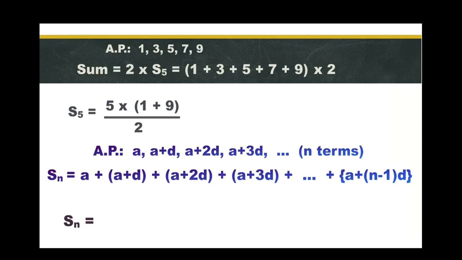Here we have n terms, so instead of 5 we will write n. Now in that bracket it was 1 plus 9, which is the first term plus the last term of the given example. In general we have the first term a and the last term a plus n minus 1 times d, or for simplicity we will write L as the last term. So Sn is n times the sum of a and L, divided by 2.